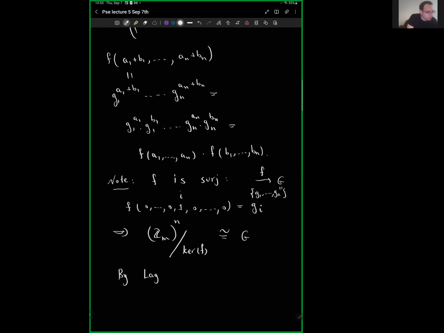So what do I need to show you in order to prove that F is surjective? I need to show that for any possible output Gi, there exists an input in the source, I mean in Zm to the power of n, such that the program maps this input to this output. Okay, I see.